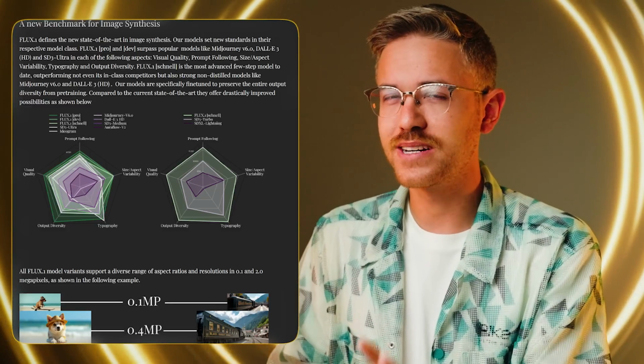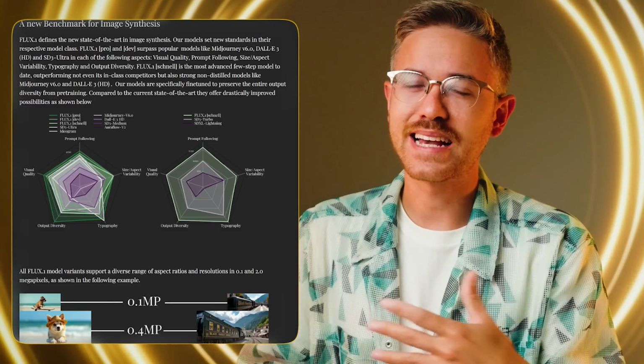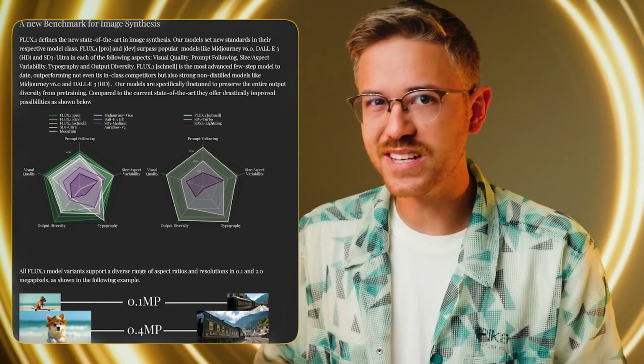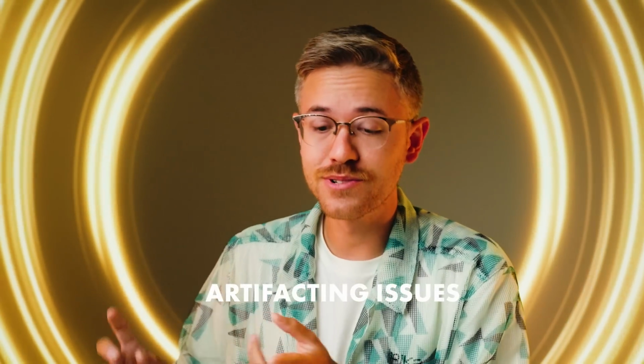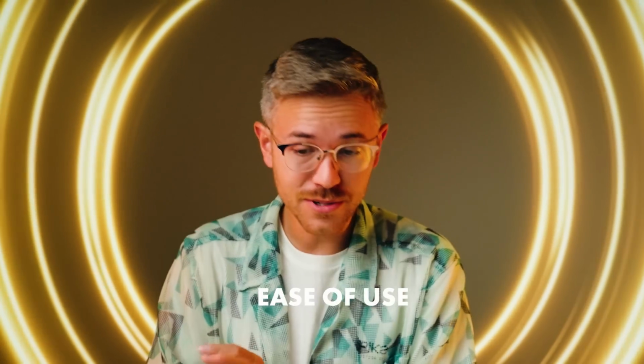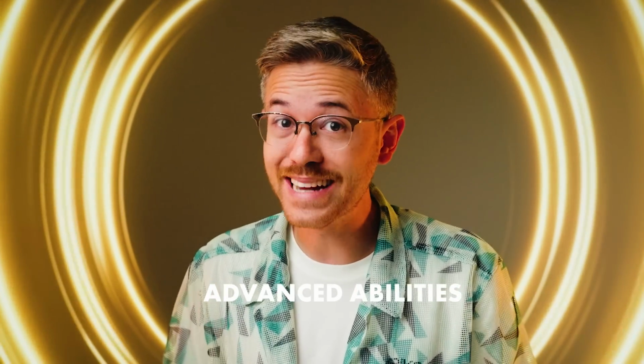However, I feel like this chart is specifically designed to make Flux look as good as possible because it kind of leaves out some very obvious categories that make it more appealing for artists. For example, other categories might include artifacting issues, style consistency, ease of use, iteration, speed, price, accessibility, and having the ability to do advanced things like in-painting. So these 5 categories, while they are interesting, aren't the end-all be-all of judging if an image generator is good.